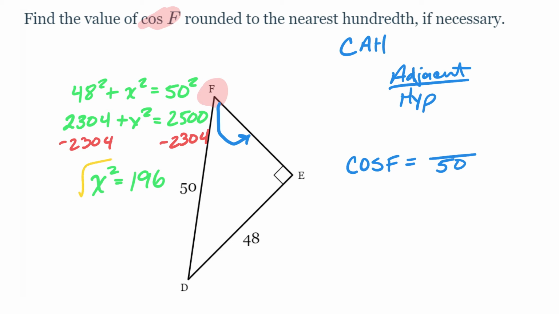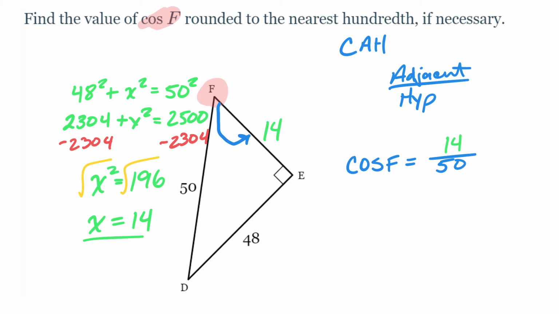And then to get the x by itself, I've got to take the square root. We've been dealing with Pythagorean's theorem all year long, so this one should not come as a surprise to us. We should know how to do this. That's very important. We read our directions on these. So we find that this side is, in fact, 14. So the adjacent side is 14, so that is the numerator for my trig ratio.